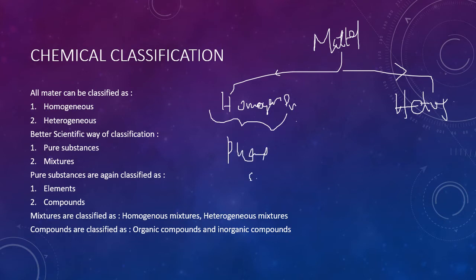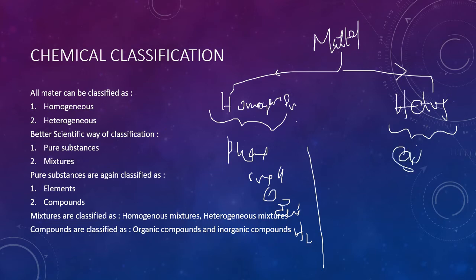It could be sugar solution, oxygen gas, air, hydrogen gas, anything. While heterogeneous substances are those having multiple phases in them, like a sand plus salt mixture, or a salad which contains cucumber, carrot, and all other things in it. So that is also a heterogeneous mixture.